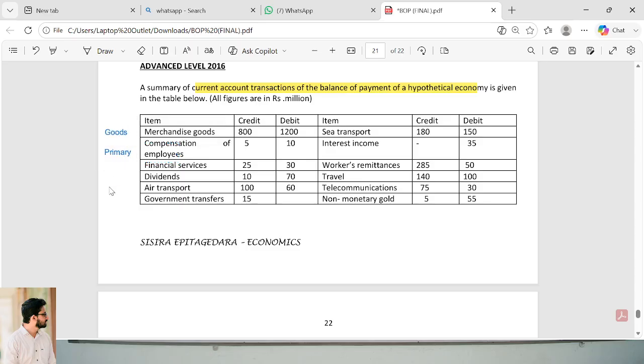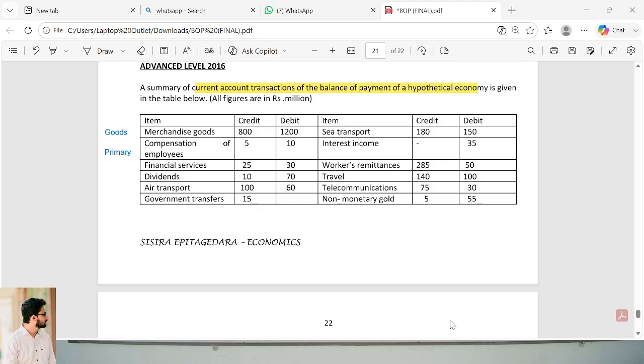Primary income, because these are payments for exchanging factors of production. Now, financial services. Which account of the current account does it belong to? Not the financial account.